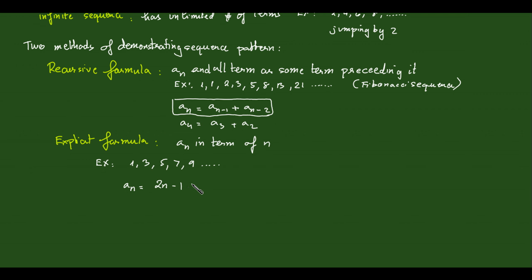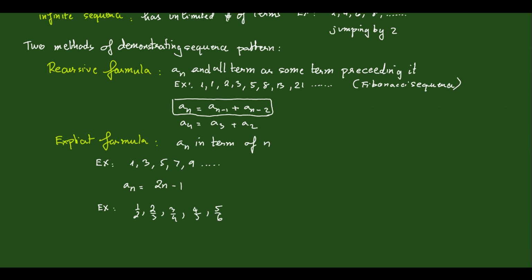I'm going to show you how to find the explicit formula for such type of sequence next section. All right, I can give you another example of explicit formula. What if I have 1 over 2, 2 over 3, 3 over 4, 4 over 5, and 5 over 6, and I stop right over here.